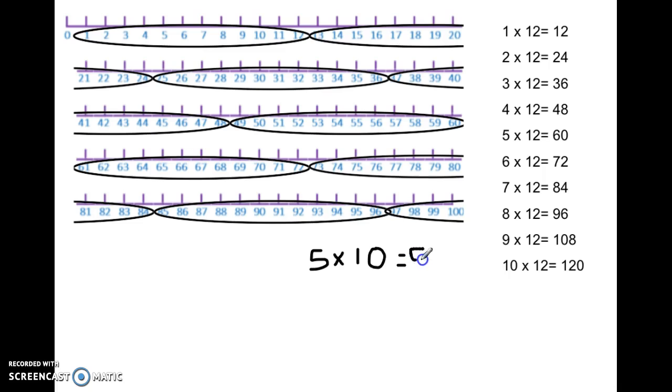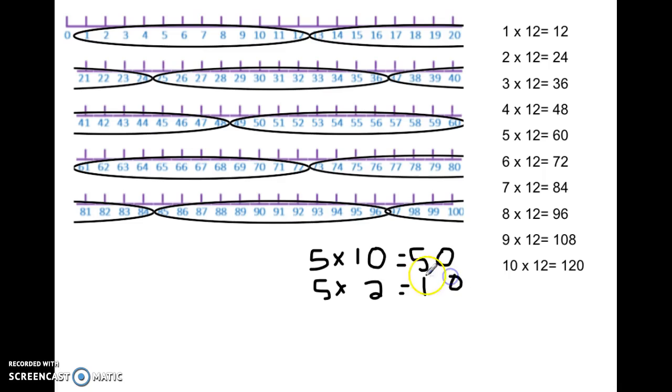So I've done 10 sets of 5's, but I need to get to 12 sets of 5. So I have 2 more that I need to do. So I'm going to say 5 times 2. Now when I add my 10 and my 2 together, I get my 12. 5 times 2 equals 10.